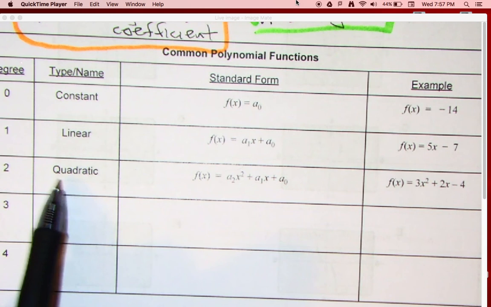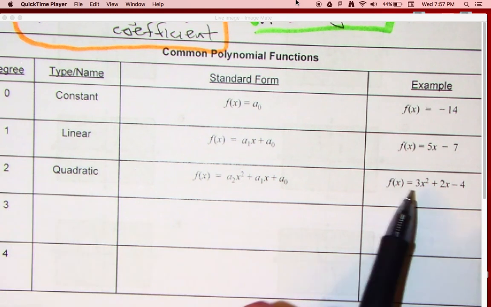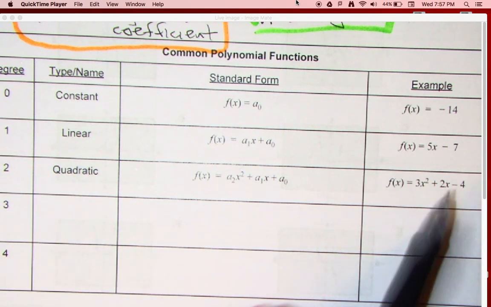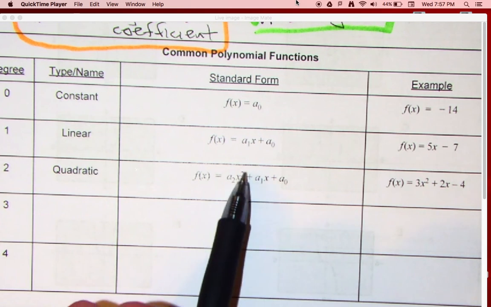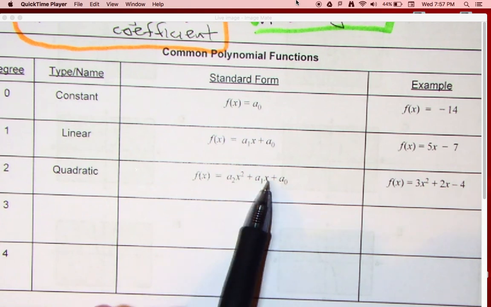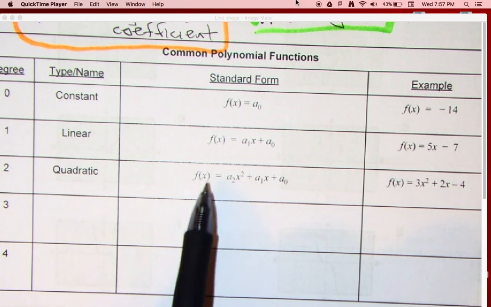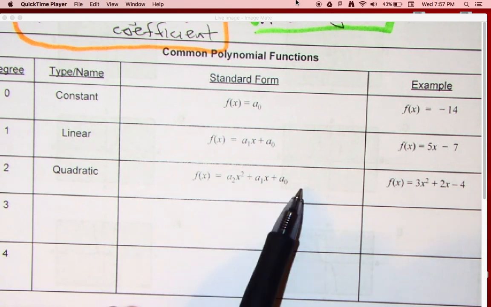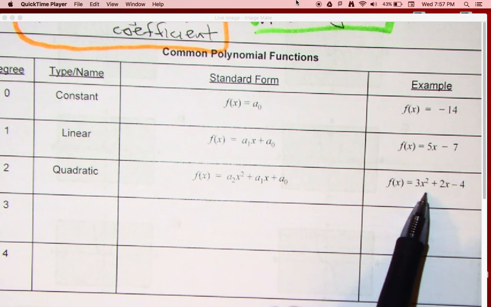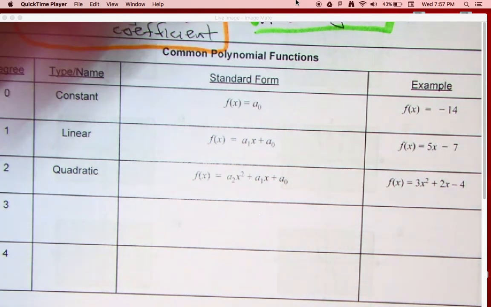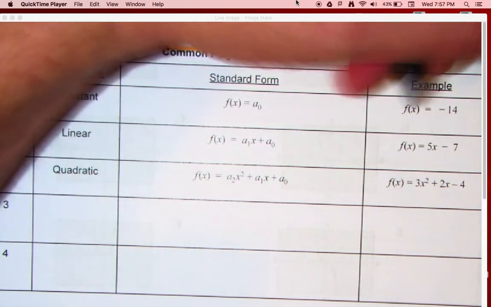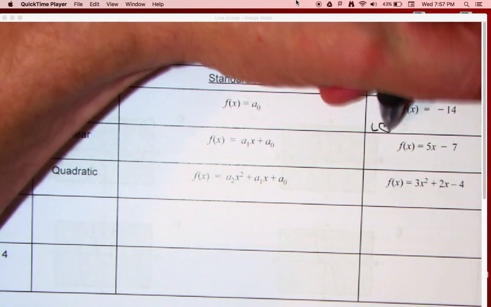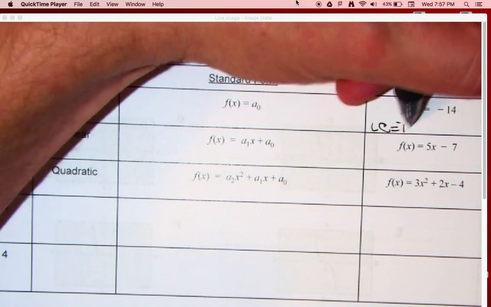Quadratics, man, at this point we should know what these things are. Ax squared plus bx plus c, or a sub 2 x squared plus a sub 1 x plus a sub 0. So instead of a, b, and c, you can use a sub 2, a sub 1, and a sub 0. But more importantly, you should be able to look at this and say it's quadratic. A couple of things to mention. First of all, on this one, my leading coefficient is negative 14.